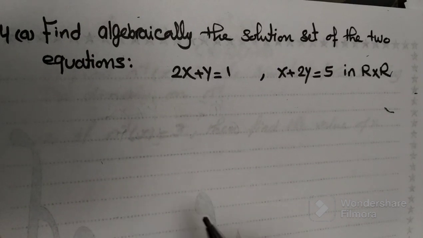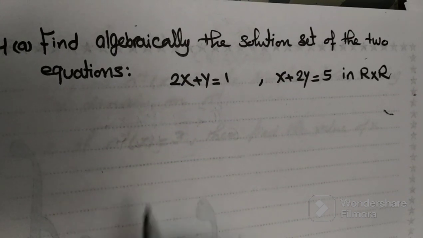Question 4. Find algebraically the solution set of the two equations 2x plus y equals 1, x plus 2y equals 5 in R product R. We have two methods to solve these equations. Number 1, by using the omitting method.